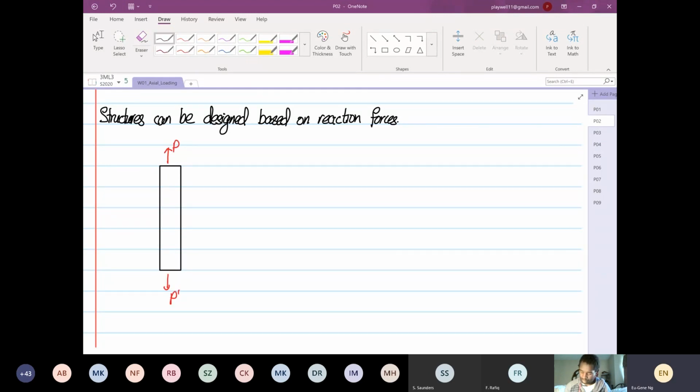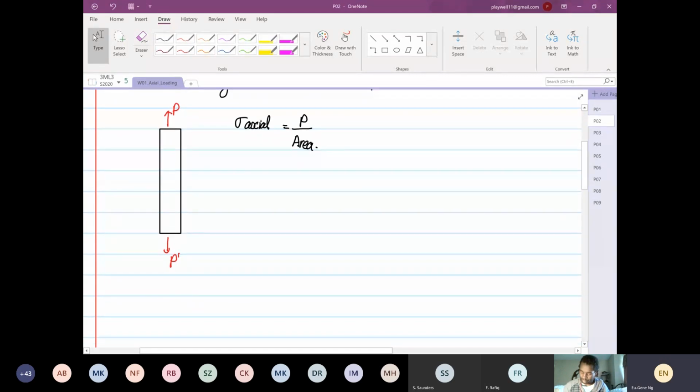Okay, so once over here, we will say that axial stress will be equal to force P divided by area. So we just have to ensure that the axial stress that we've calculated is less than our allowable stress.